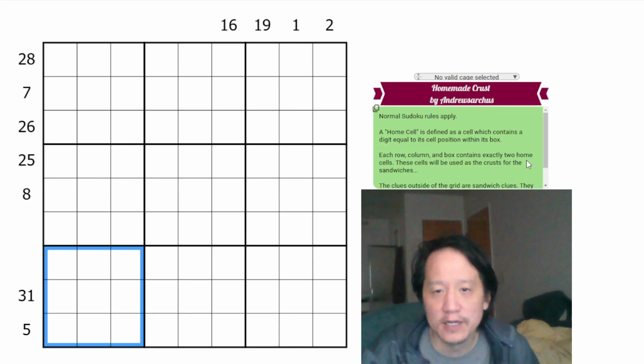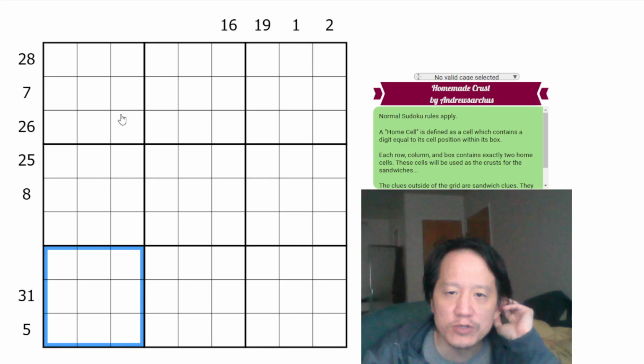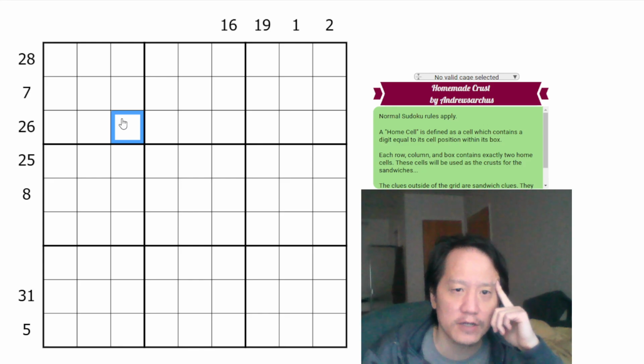A home cell is defined as a cell which contains a digit equal to its cell position within its box. So I would assume that the cell position is 1, 2, 3, 4, 5, 6, 7, 8, 9 within this box.